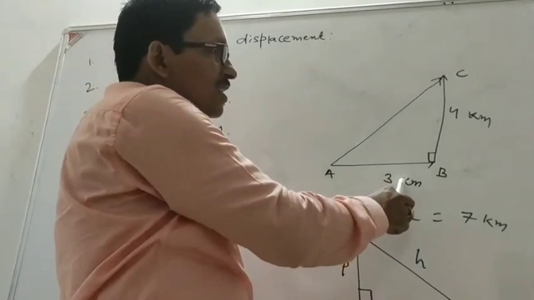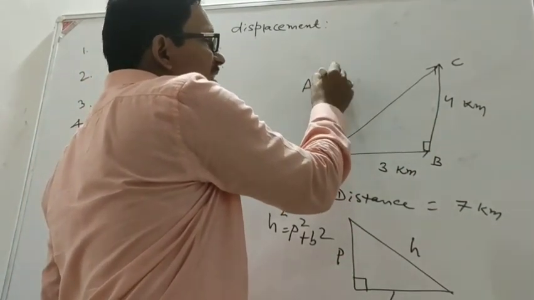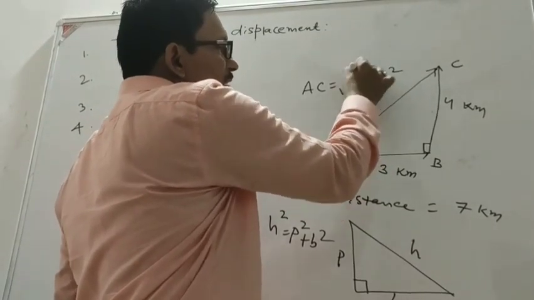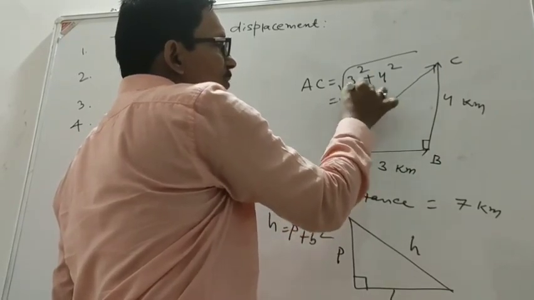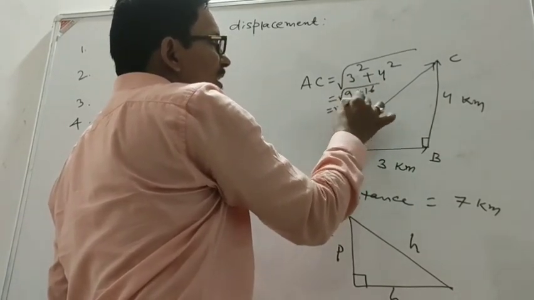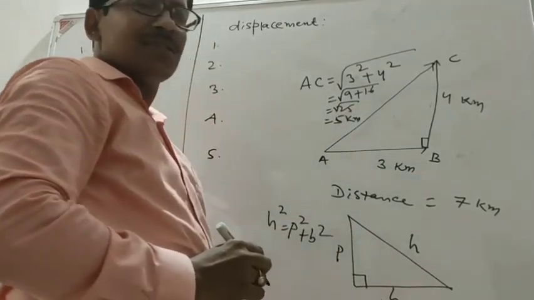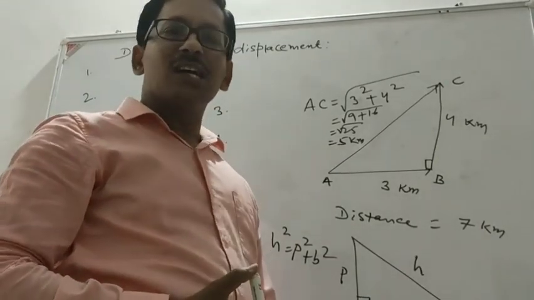So now if this is 3 and this is 4, what is the value of AC? AC will be equal to square root of 3 square plus 4 square. That means square root of 9 plus 16. That means square root of 25. That is 5 km. So the displacement is 5 km. Which direction?